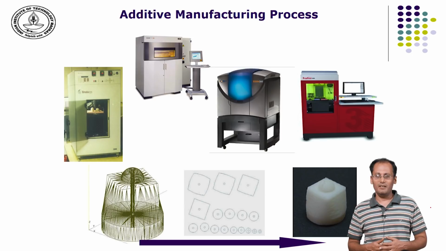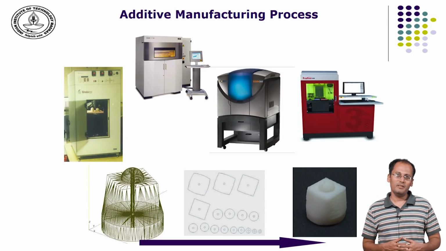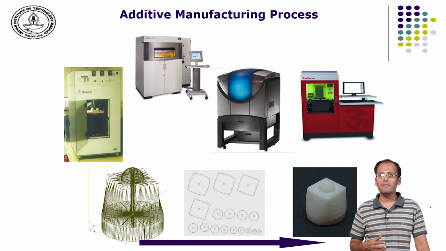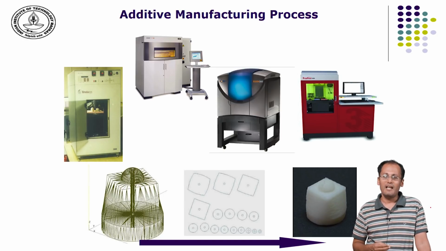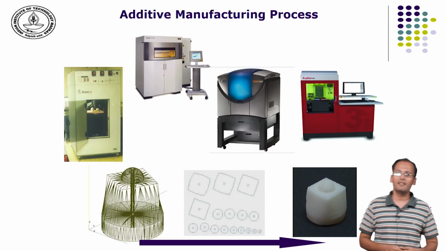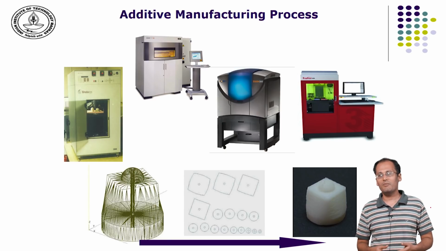But now we are going to talk about a manufacturing process which can change the material composition as it prints. As an example, we can think of the LENS process, which is an additive manufacturing process.